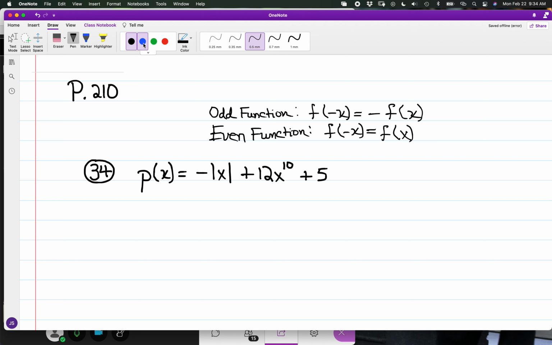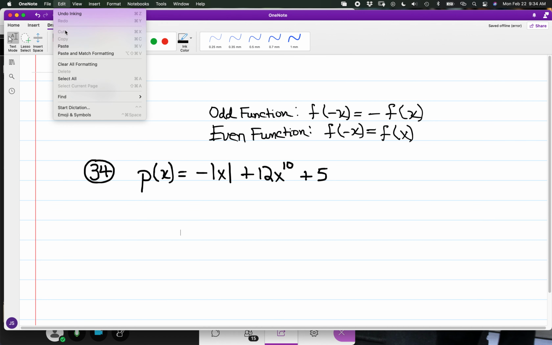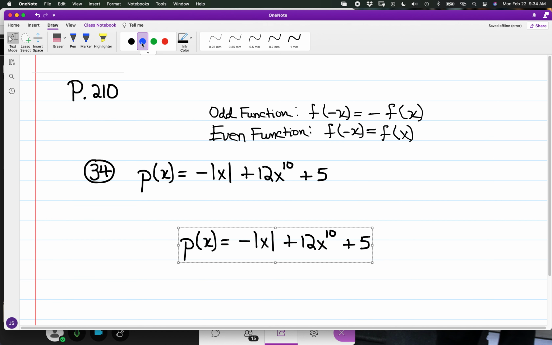All right, so for what we have here, you got your p of x, and we're going to see how things look in the case of p of negative x. So this is what we have for p of x.